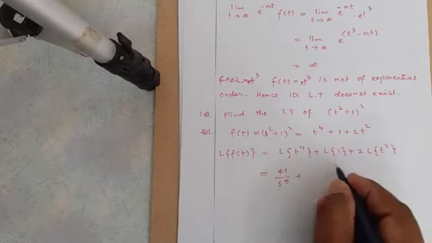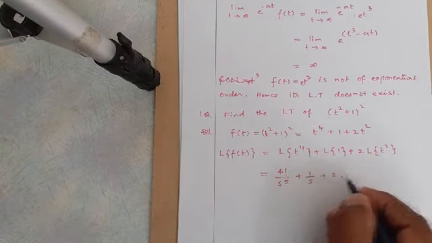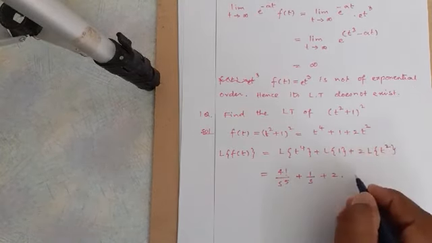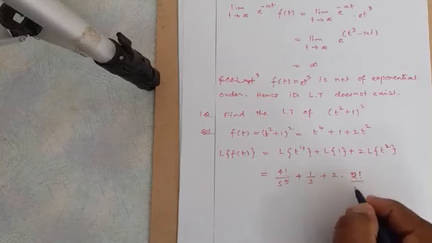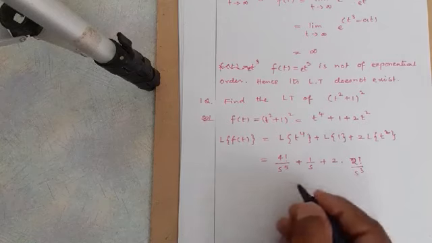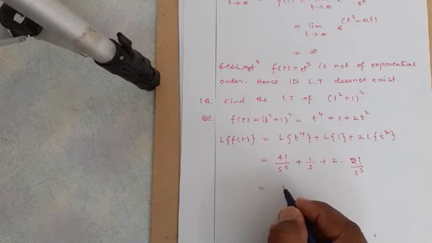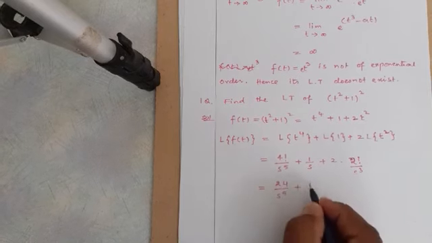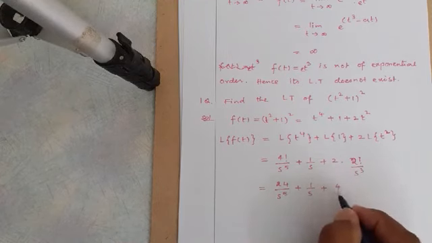Then plus Laplace of 1, which is 1 by s, plus 2 into Laplace of t square, which is 2 factorial upon s power 2 plus 1, that is s cube. 4 factorial is 4 into 3 into 2 into 1, that is 24 upon s power 5, plus 1 upon s, plus 2 into 2, which is 4 upon s cube.